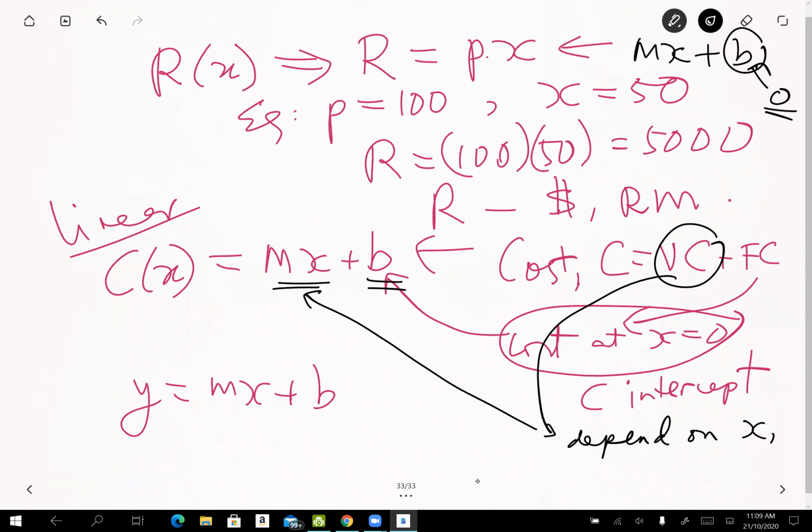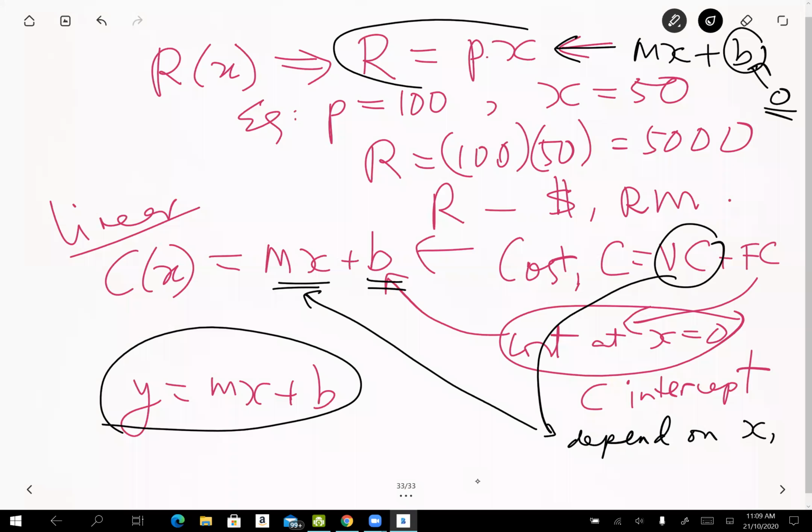In other words, if I don't sell anything, I get 0 revenue. So therefore, that b is equal to 0. You will get just a linear function like that, with the intercept equal to 0. So that is our linear function for the revenue and for the cost.